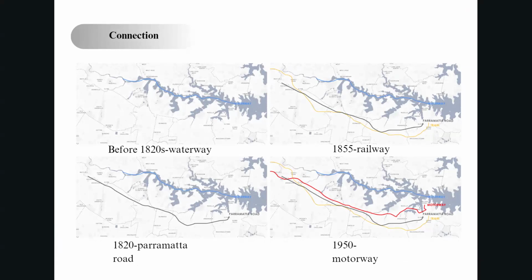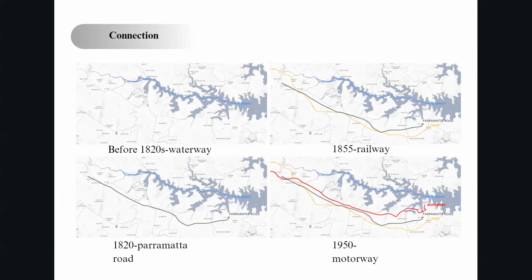This slide highlights the evolving transport connectivity along Parramatta Road. Initially, before the 1920s, waterways were the main mode of transport and trade. By the 1820s, the construction of Parramatta Road greatly improved regional access, linking Sydney to its suburbs.